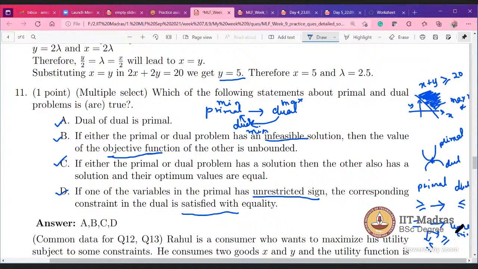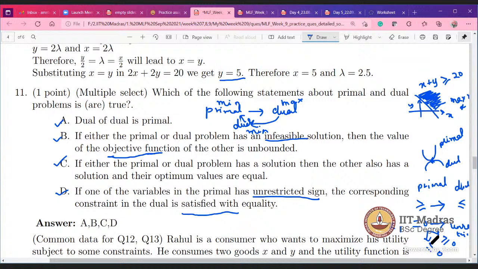Yeah, it is why we get this, because this equality condition will transfer into two inequality conditions. So at that time, you cannot restrict the sign of the variable. See, for example, the constraint is x1 equal to 0, just as an imagination. At that time, this equal to 0 is transferred to either greater than or equal to 0, or less than or equal to 0.